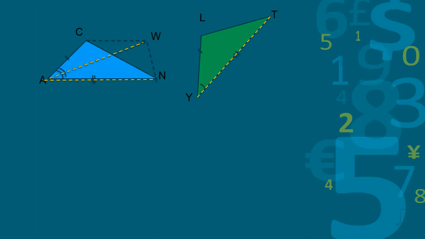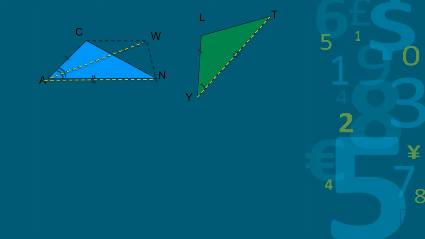But triangle CAW is now congruent to triangle LYT by what postulate? So look at the markings. Since AW is congruent to YT, we can say now that triangle CAW is congruent to triangle LYT by SAS congruence postulate.